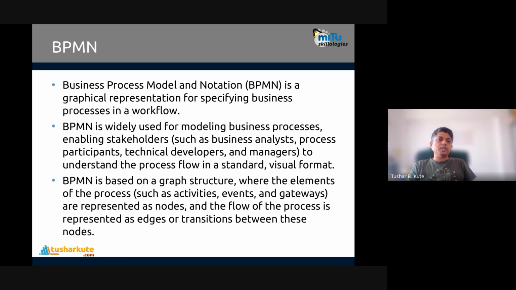These notations are termed BPMN, business process model and notation, which represent the data for a specific business process in a workflow. They are widely used for modeling business processes, enabling stakeholders such as business analysts, process participants, technical developers, and managers to understand the flow that they are carrying.